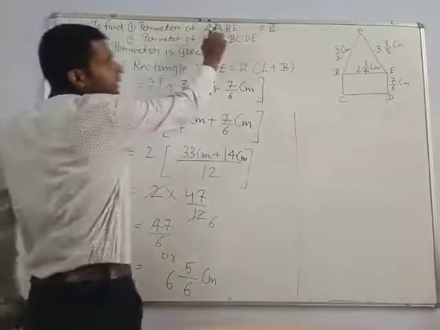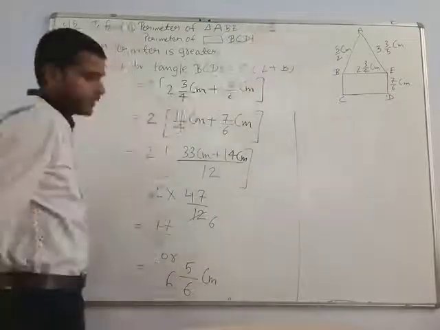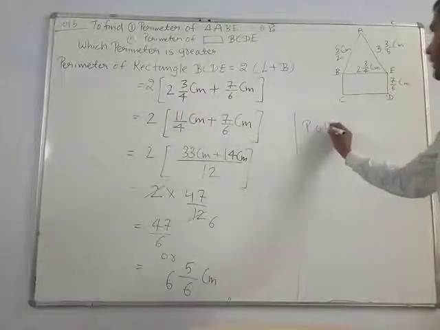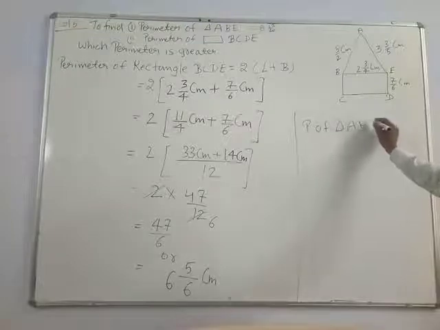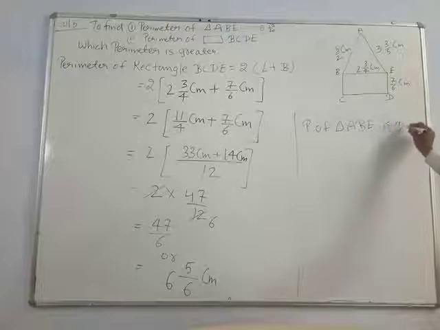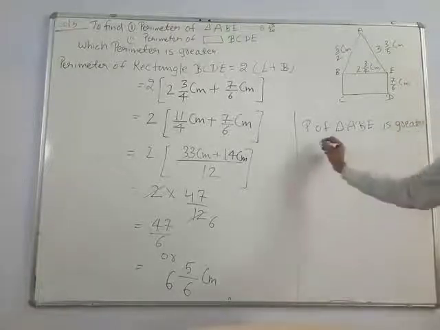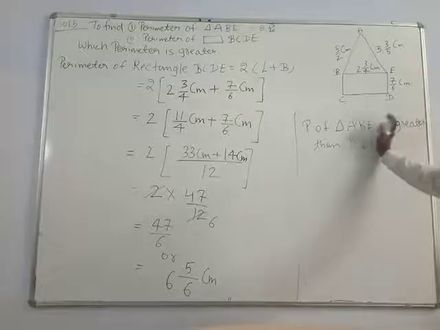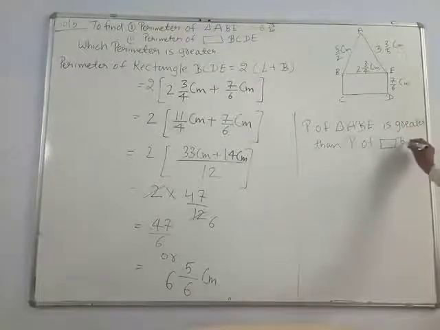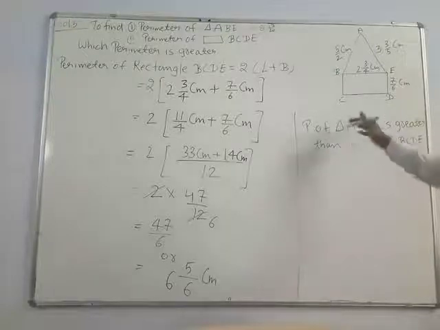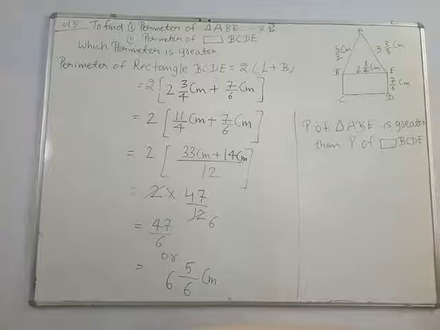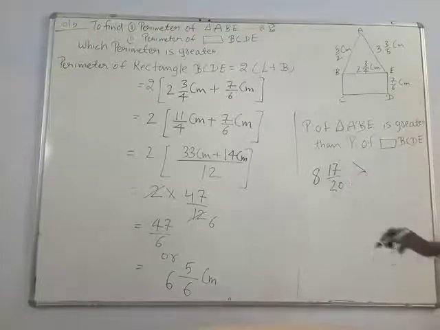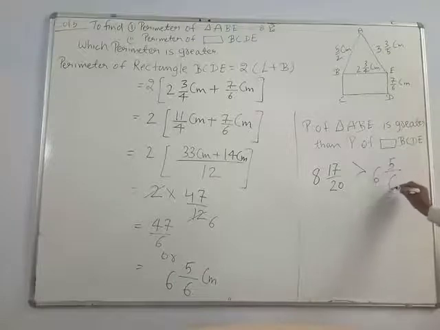In the previous value, the perimeter of triangle ABE is 8 17/20, and this is 7 5/6. So the perimeter of triangle ABE is greater than the perimeter of rectangle BCDE. Means 8 17/20 is greater than 7 5/6.